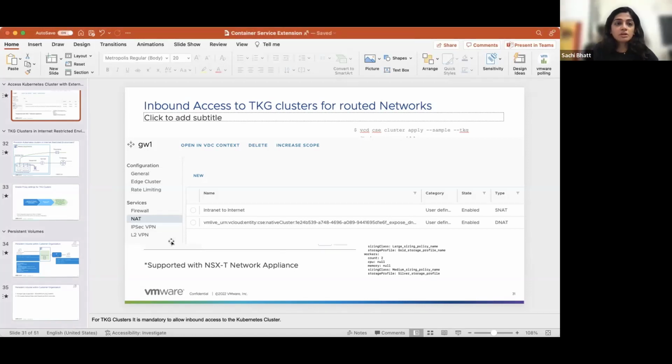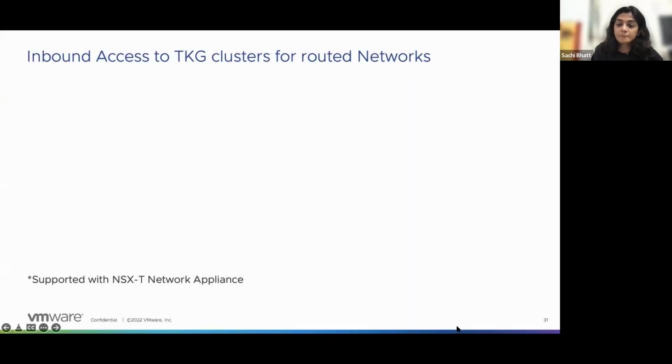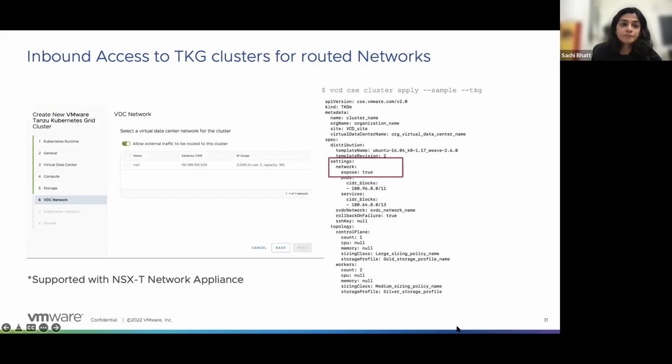Yeah. Okay. So next up, we'll talk about access to the TKG cluster, like how developers are going to access the Tanzu Kubernetes cluster deployed in the VCD customer organization. While the tenant user is creating a cluster, they have an option to expose this Kubernetes cluster if they are using the routed network configuration within their organization.